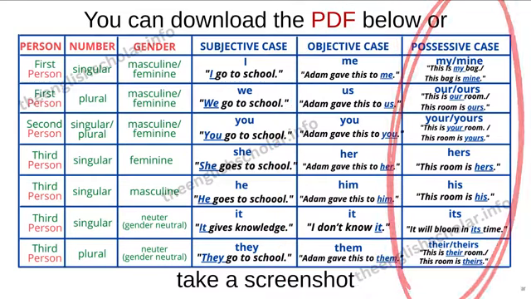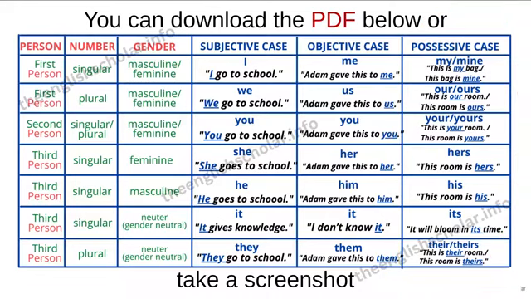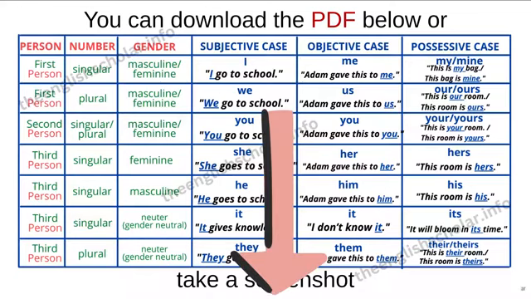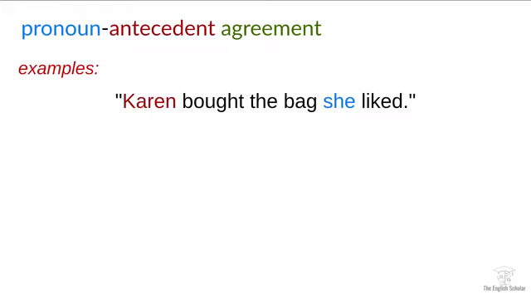And these pronouns are used to replace nouns that show ownership of something. That's just an overview of the functions of pronouns. Let's have examples, but further discussion about the functions of pronouns can be accessed through the links we provided in the description box below. So let's start with the first example.